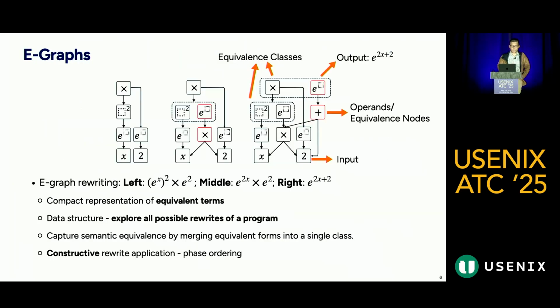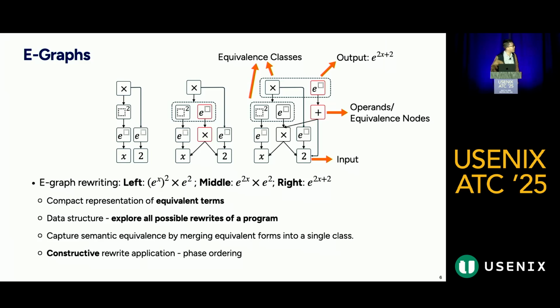Code equivalence checking reminded me of the e-graph data structure. It is a data structure that provides a compact representation of equivalent terms. It allows us to explore all possible rewrites of the input program and capture semantic equivalence by merging all equivalent forms into a single e-class.